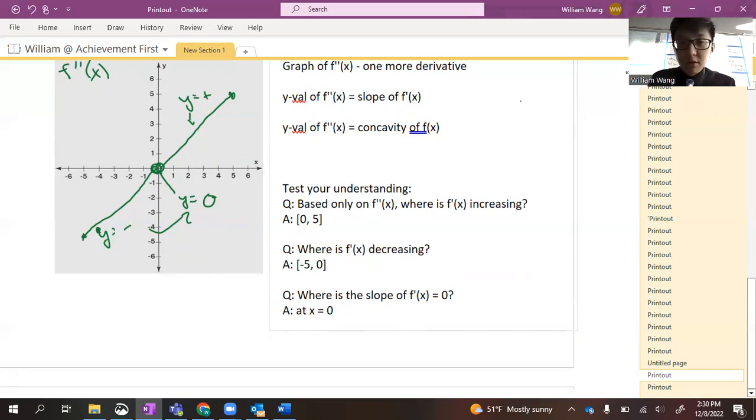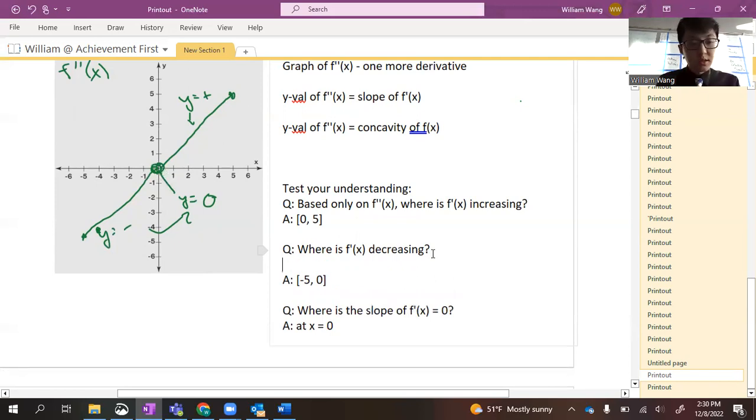Now, I'm going to go backwards really quick because think about another way I can ask this question. Where's f prime of x decreasing? Another question I'll ask is, where is f of x concave down? Now I'm testing this other relationship.